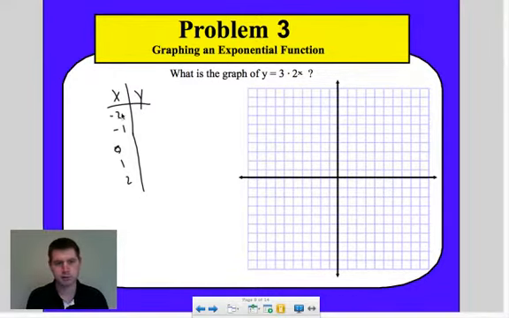So -2 going in for x, it would be 2 to the -2nd, which would be 1/4 times 3, which gives us 3/4. -1 in for the x gives us 2 to the -1st, which is 1/2 times 3, which is 3/2.